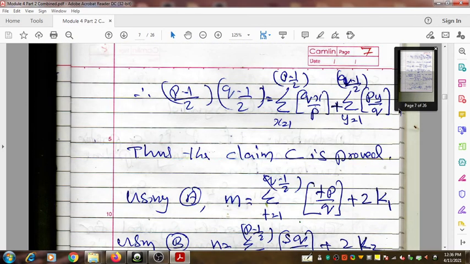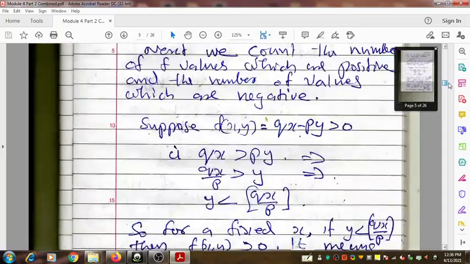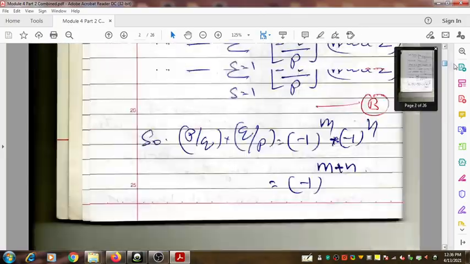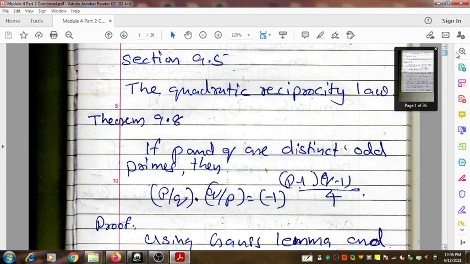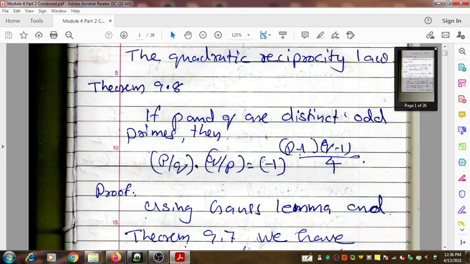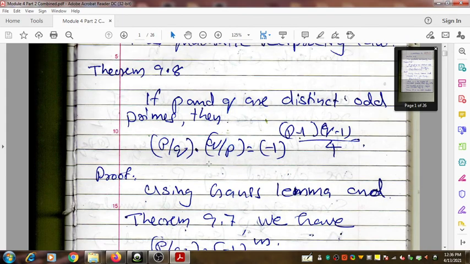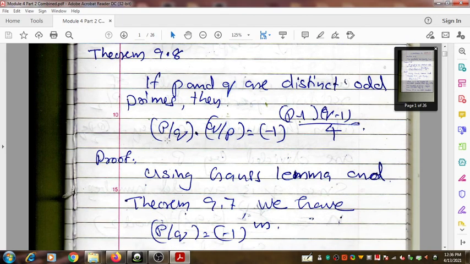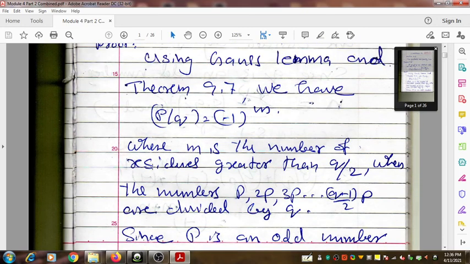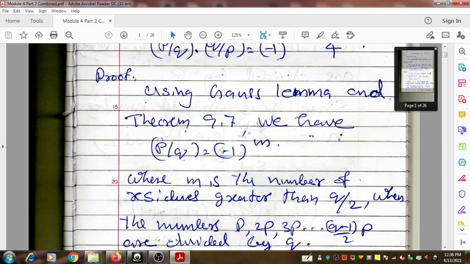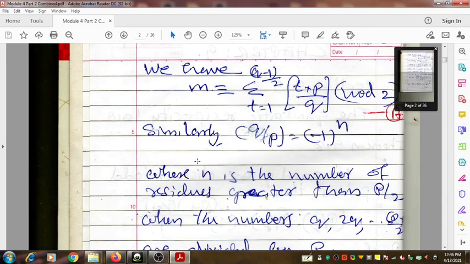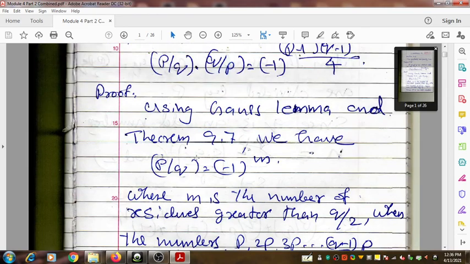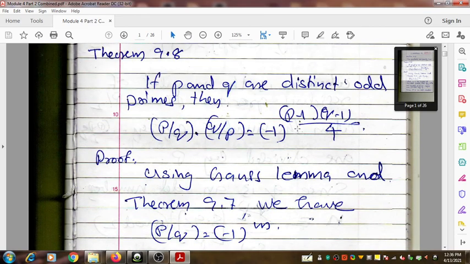Let's verify whether we have reached the end of the proof. We have to go to (p bar q) into (q bar p). Thus we have obtained that (p bar q) into (q bar p) is equal to minus 1 raised to m plus n.